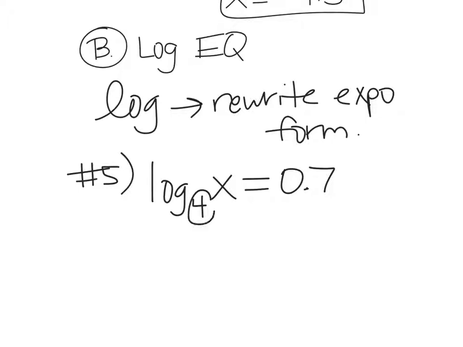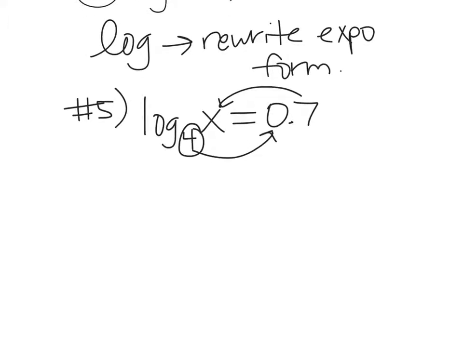So the base is 4. The exponent is 0.7. And it equals that. Isn't that what a log is? Base to the exponent equals whatever's inside. So it's 4 to the 0.7 equals x. And then you go to your calculator, and you figure out that 4 to the 0.7 is 2.639.